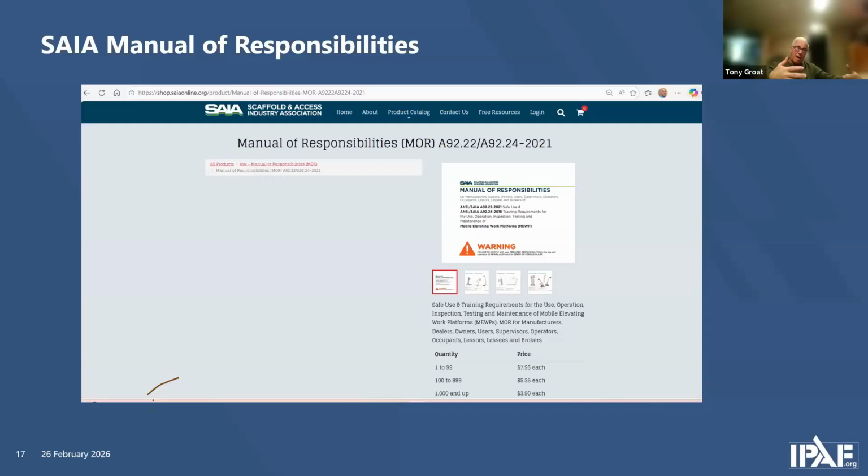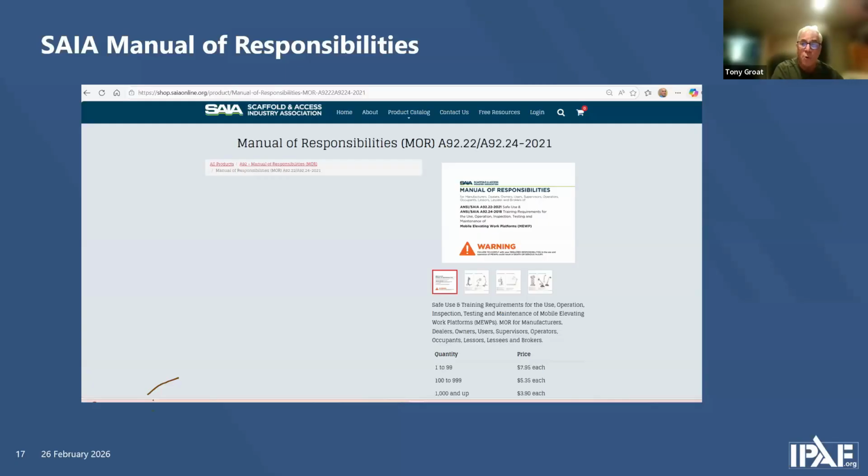And then in the background, we have this parallel that we're so close that we want to have real harmonization between the ANSI A92 standards and the Canadian B354 standards. And while the US standards are not an adoption, there can be some variations in there, and we need to make sure that there's nothing substantive that would make those different.